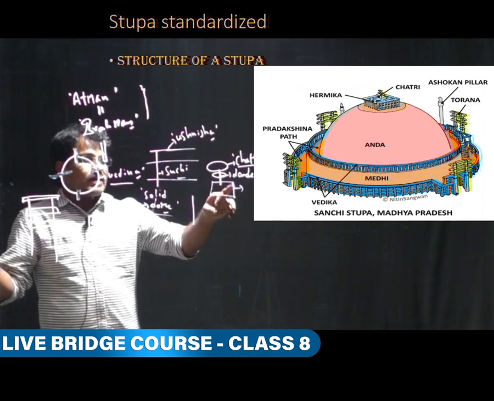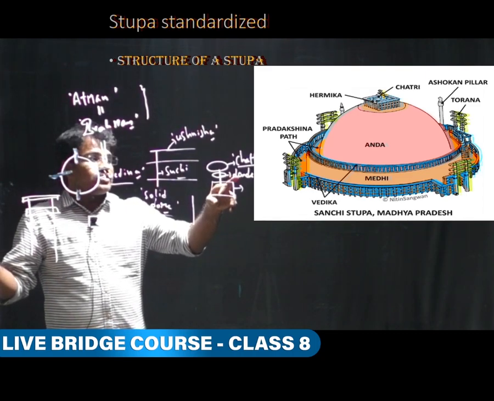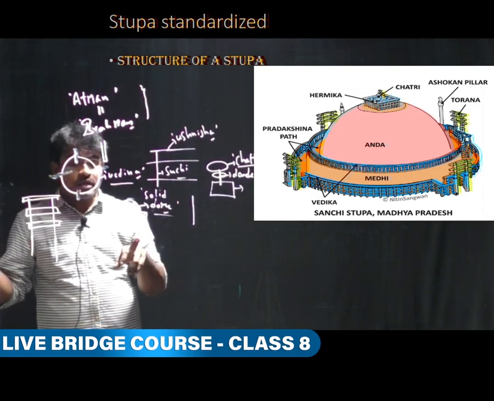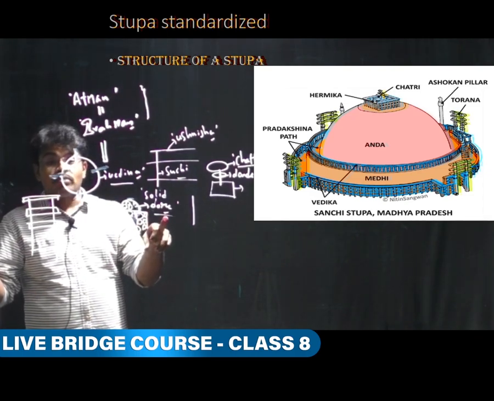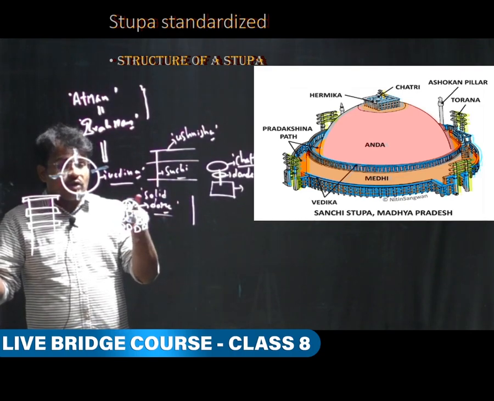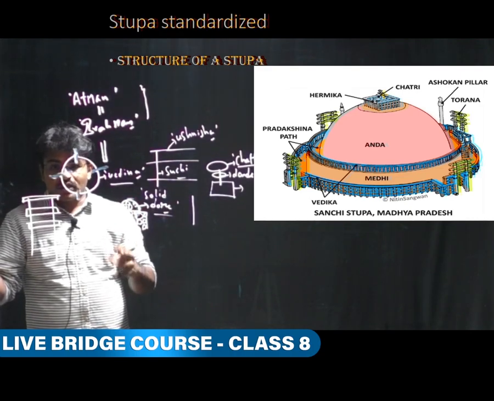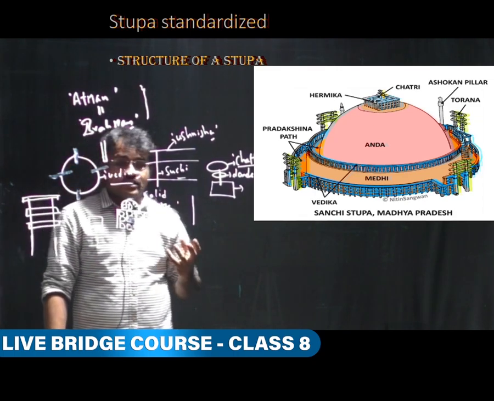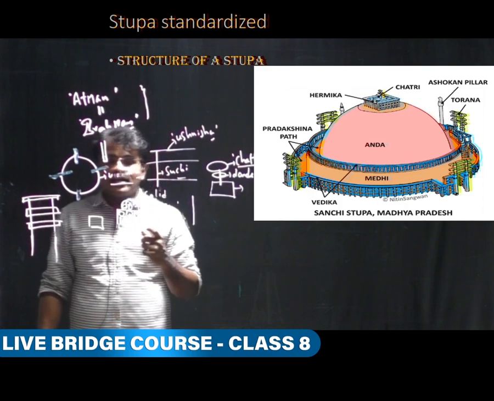The platform is known as Harmika, and this is known as Dande. And here the philosophical representation of this image of a solid dome is that the dome looks like a bubble, right? The dome has a half bubble shape, and a bubble is usually a representation of the temporariness of life.